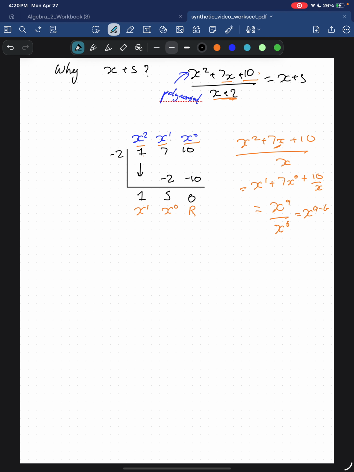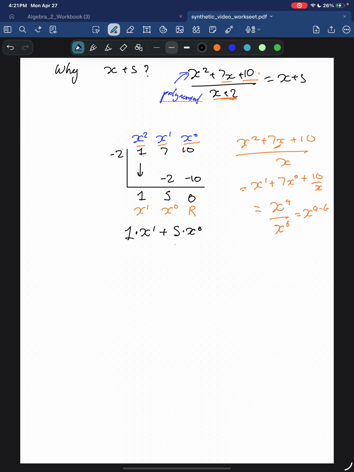If it's x to the power minus 1, the answer will be x to the power 0. X to the power 0 is often the remainder column. So in here, I have to multiply my placeholder times 1, and then add that to my placeholder x to the power 0 times 5. So 1 times x to the power 1 plus 5 times x to the power 0.